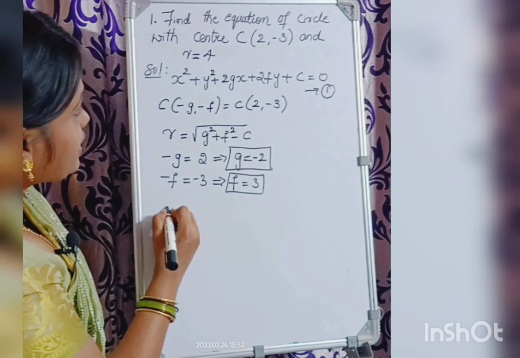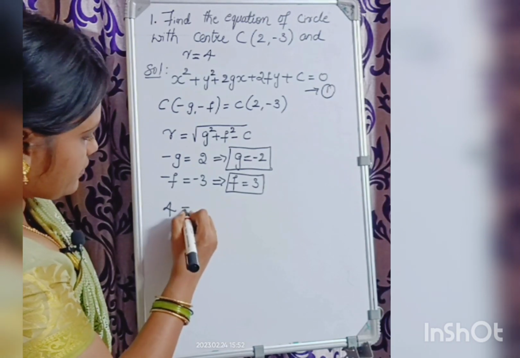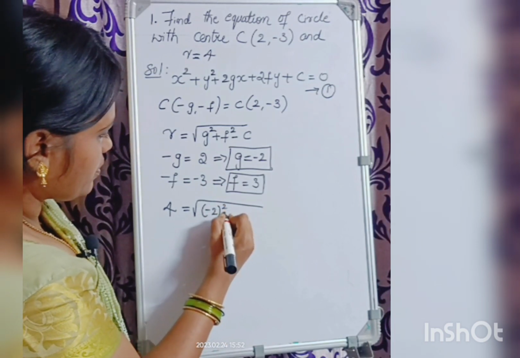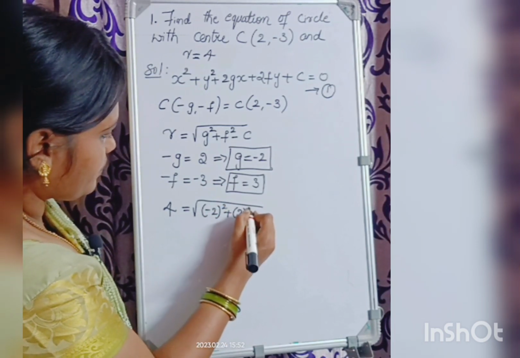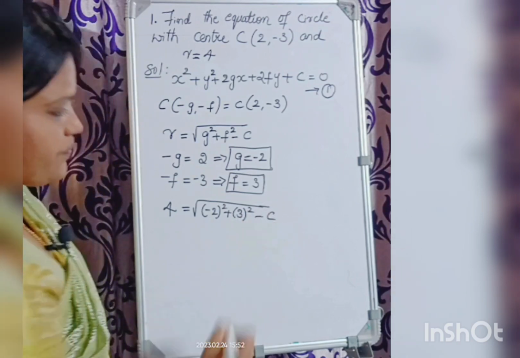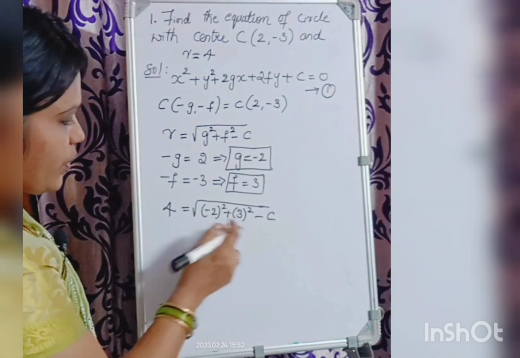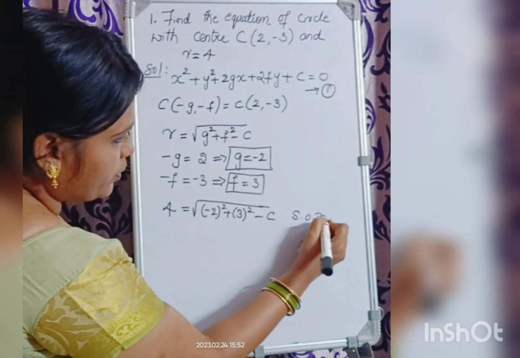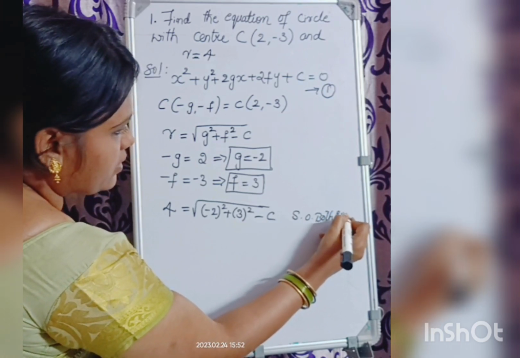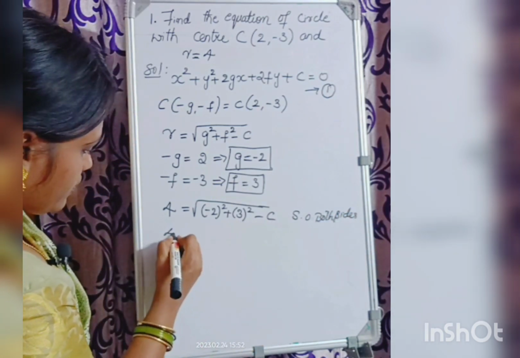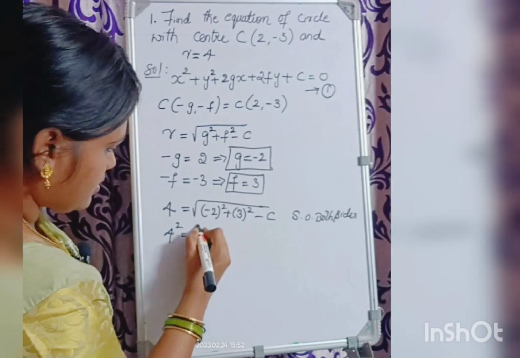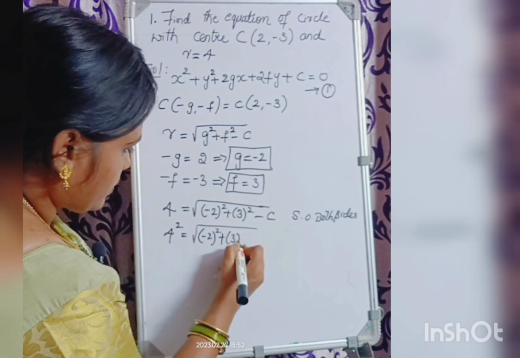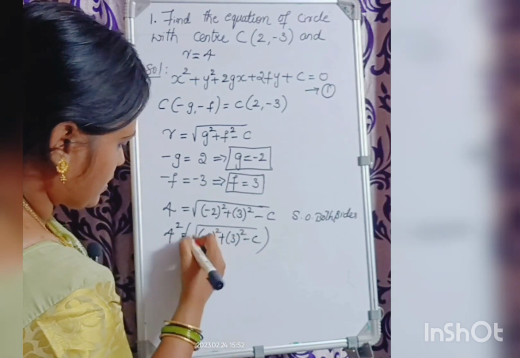Also, r they have given us 4, right? Which is equal to square root of g is minus 2, f is 3, minus c, right? Squaring on both sides, I'll get 4 square is square root of minus 2 square plus 3 square minus c, whole square, right?